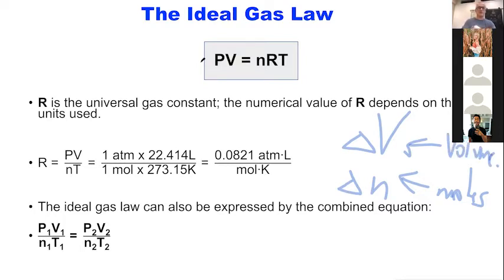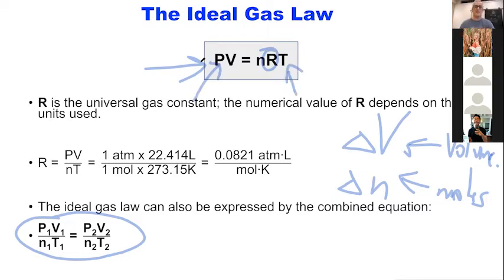So basically, we're going to be using some arrangement of this particular mathematical equation to figure out what R is. If P stays the same and R stays the same, you can see that we have a direct relationship between V and N. And that's exactly what we're going to be doing.